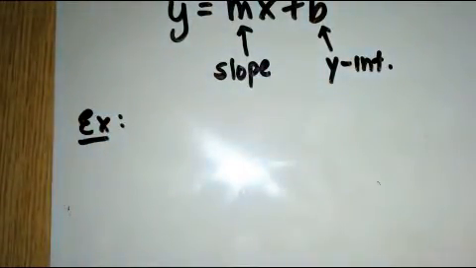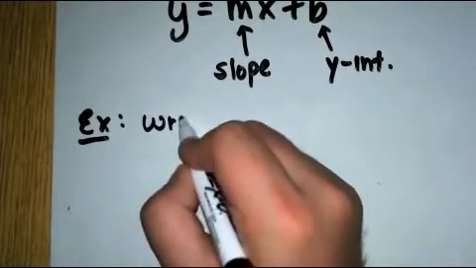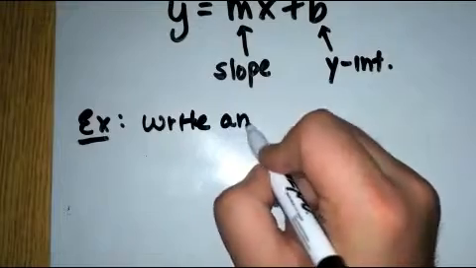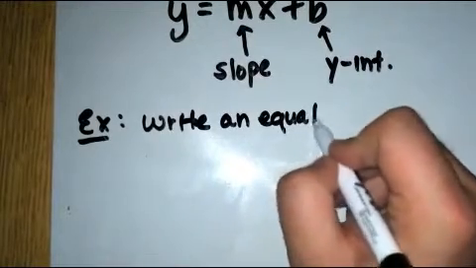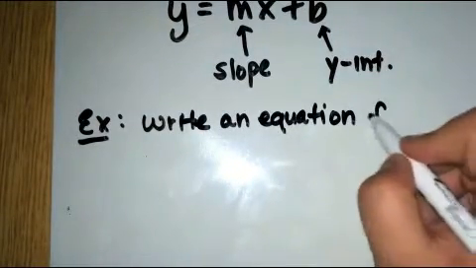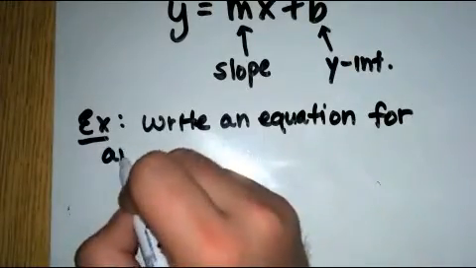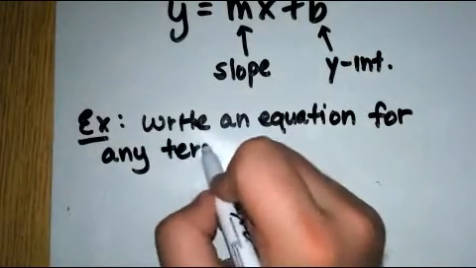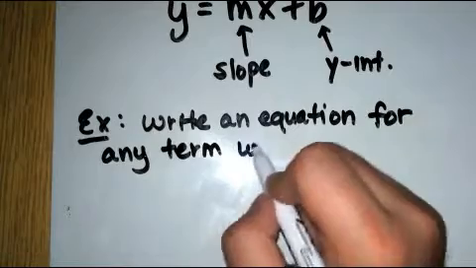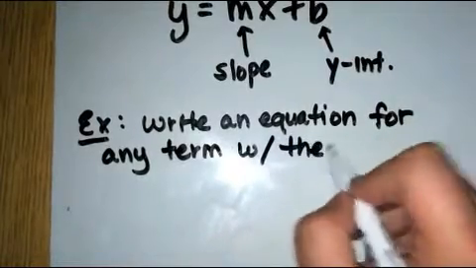So for example, this time I'm not interested in asking you to find a term. I'm asking you to now write an equation for any term with the following sequence.